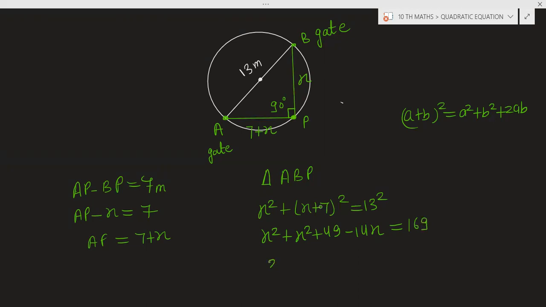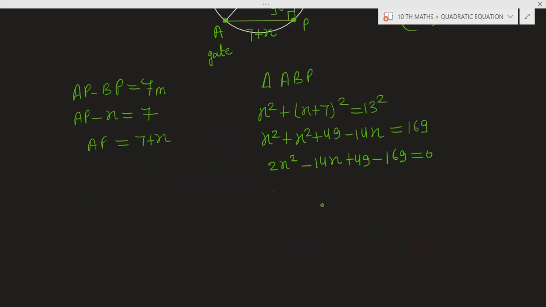So here you will have 2x square plus 14x, and here is plus 49 and minus 169, that is equal to 0. Further you will solve it, you will get 2x square plus 14x minus 120 equal to 0. Now divide the whole equation by 2 and divide 0 also by 2.